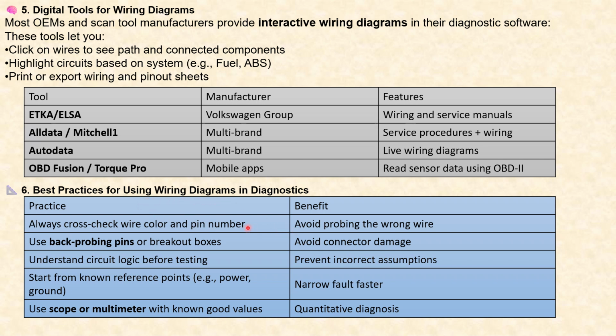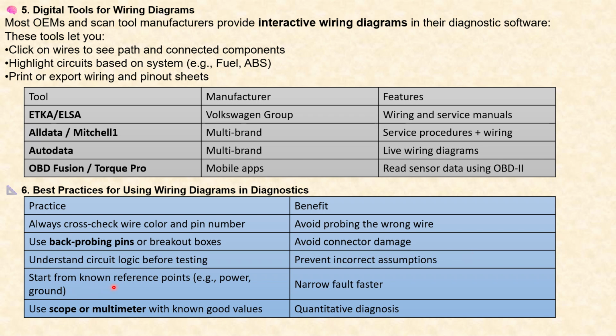The benefit of this practice is to avoid probing the wrong wire, so you ensure that you are not checking the wrong wire. Next important practice is to use back probing pins or breakout boxes, to avoid connector damage. Next is understand circuit logic before testing, which prevents incorrect assumptions.